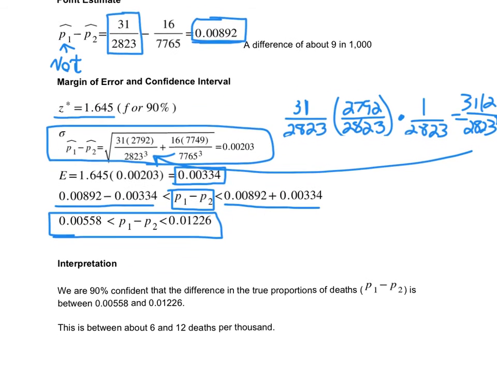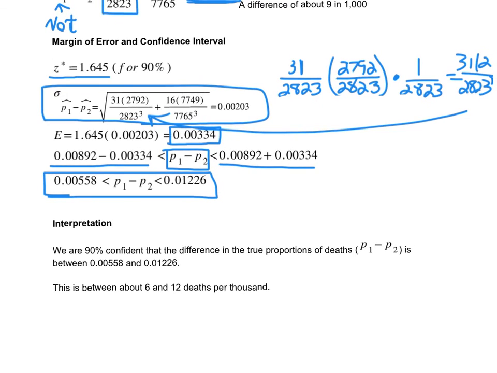So I was about to say how to interpret that, because that is my knee-jerk reaction, and it should be yours too. You got to interpret that confidence interval, but here it is. One way to say it is we are 90% confident that the difference in the true proportions of deaths, not wearing seatbelt minus wearing seatbelt, is between those two numbers. Now, notice that the entire interval is positive. 0 is not contained in that interval.